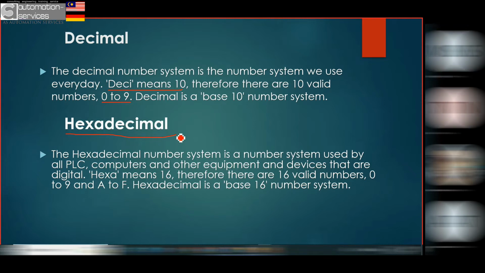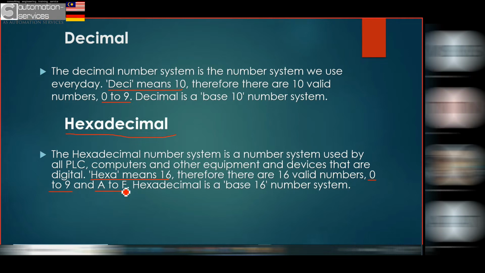Hexa means 16, so the numbers go from 0 to 9, then continue with A to F, giving 16 digits. Then it continues with 10 to 19, 1A to 1F.